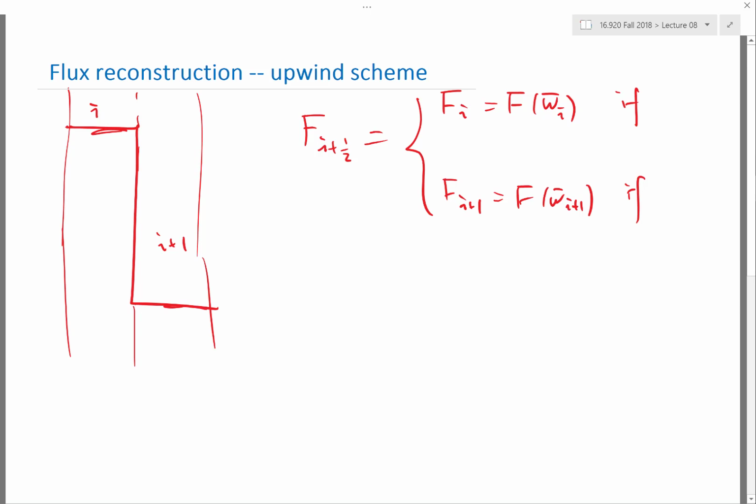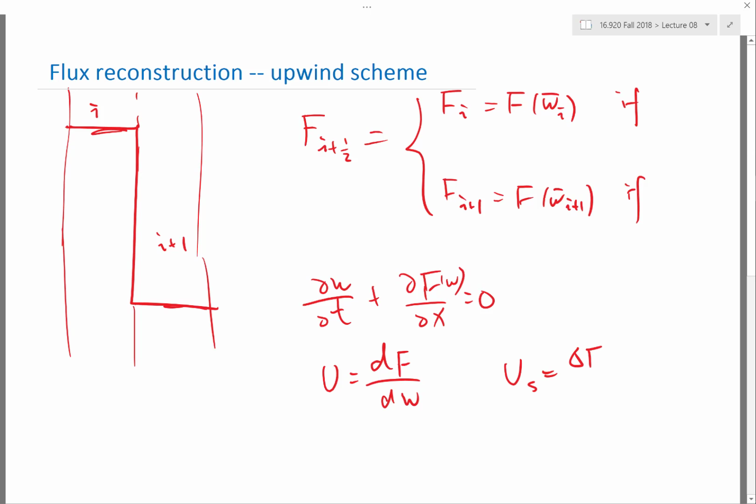Yes. Basically, the speed of the shock is a generalization of the speed of the wave, right? If you look at the conservation law, the speed of the wave is df/dw, right? That's my u. And the shock wave has a speed of delta f over delta w.